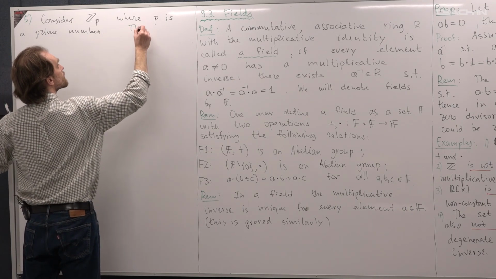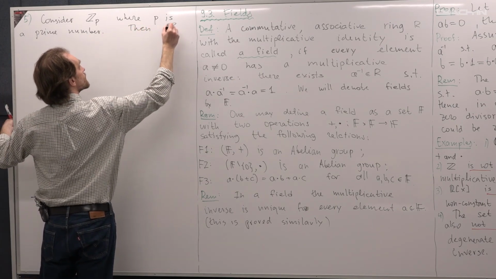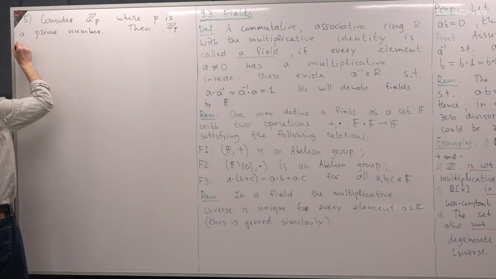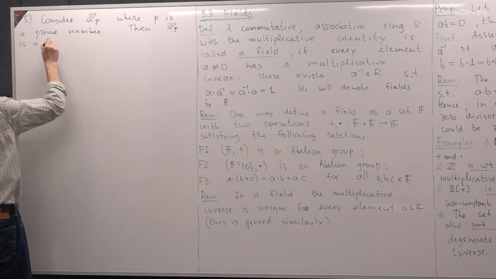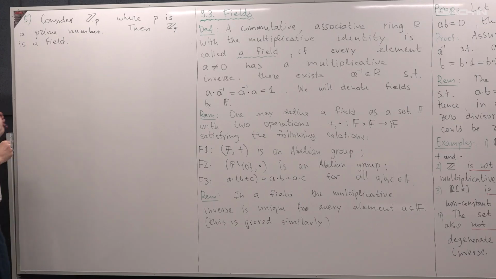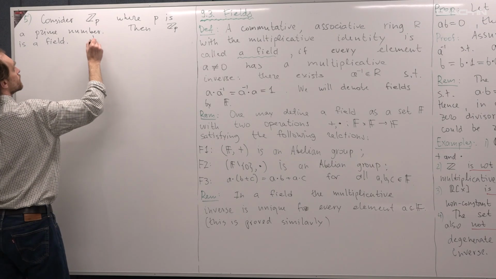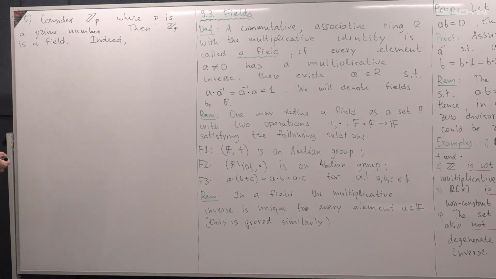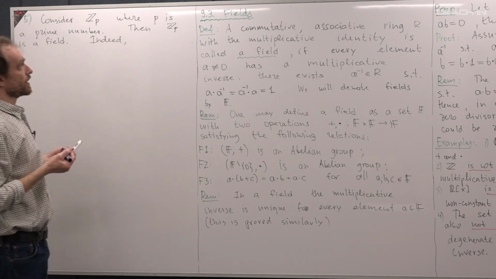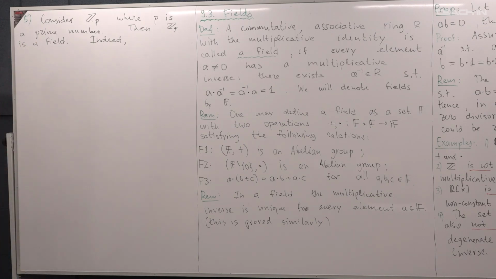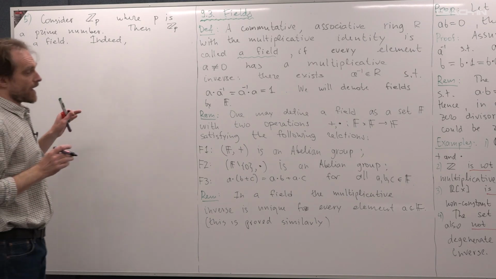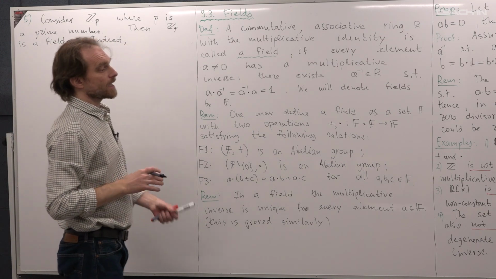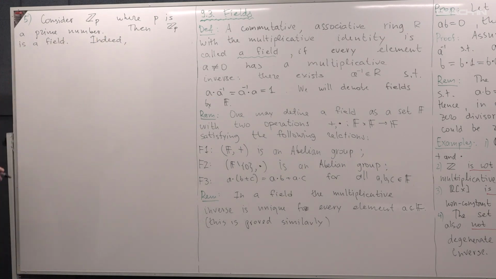Then Zp is a field. Indeed, we already know that for any p, Zp is an associative multiplicative ring with the multiplicative identity, so we only need to show that any non-zero element has the multiplicative inverse.